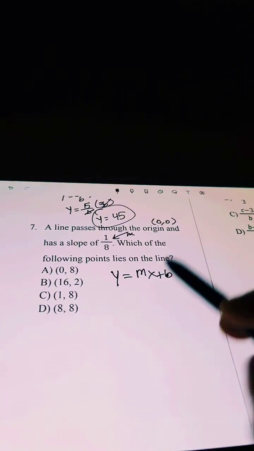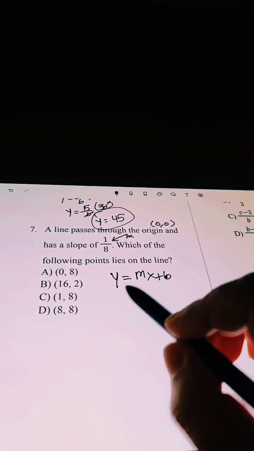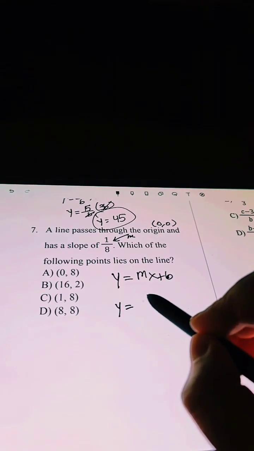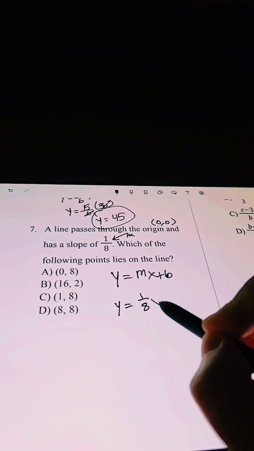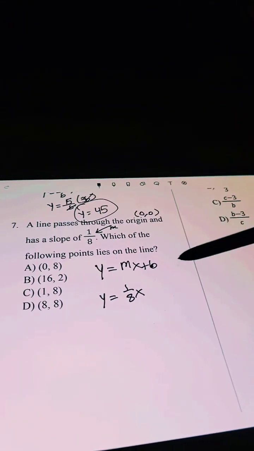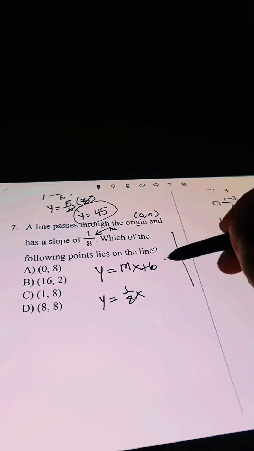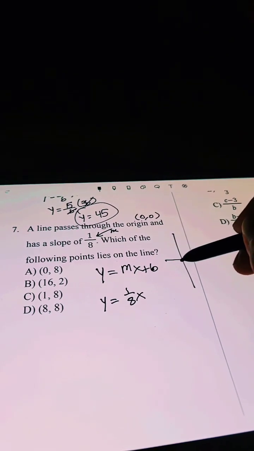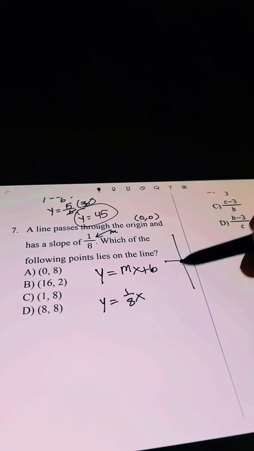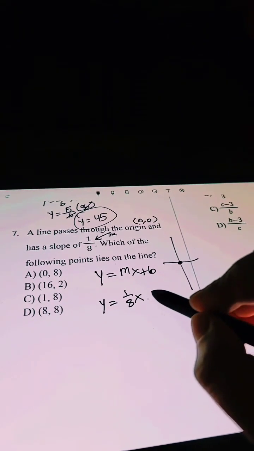So I can plug in everything I need for a linear equation. I could say y is equal to 1/8 times x, and for b, remember it's the y-intercept. If you're thinking about the origin, (0, 0), where it intercepts the y-axis is at (0, 0). So that y-intercept is technically 0.